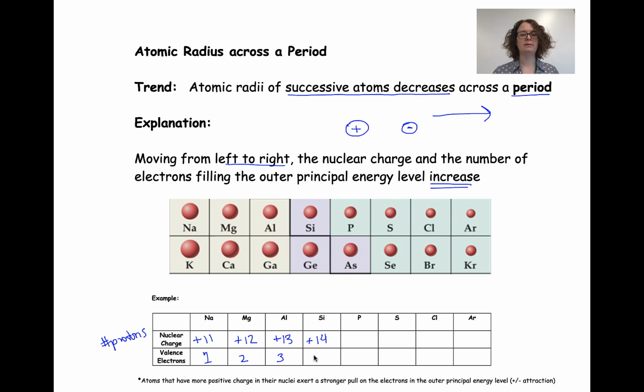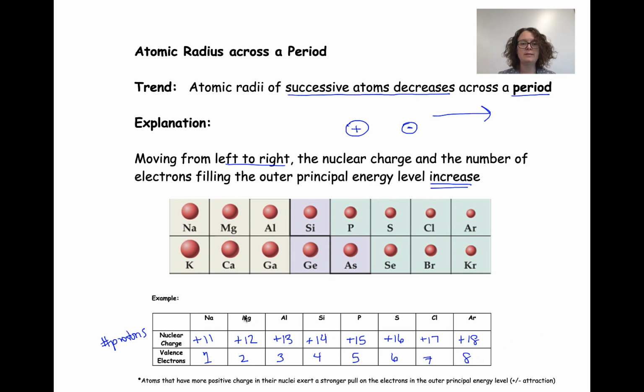Silicon's nucleus has a charge of plus 14 and four valence electrons. Phosphorus is plus 15, 5 valence electrons, and sulfur has a nuclear charge of plus 16 with 6 valence electrons. Chlorine is plus 17 with 7 valence electrons, and argon is plus 18 with 8 valence electrons.